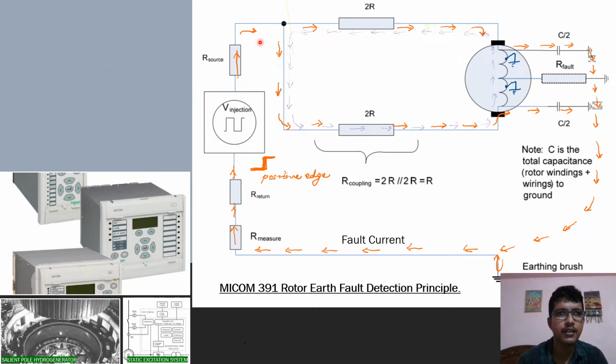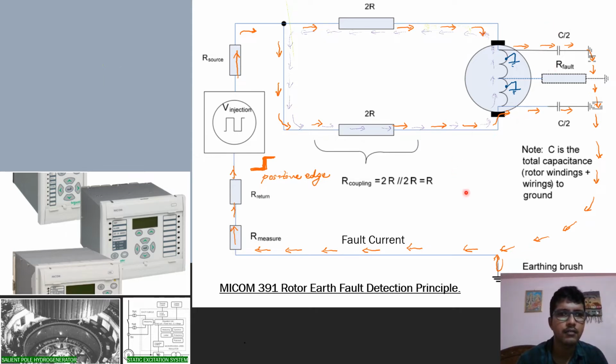Using Kirchhoff's voltage law, you can see that this 2R and 2R resistance will be added up in parallel, and this capacitance will be added up like this: C by 2 plus C by 2 equal to C. Very simple, just apply KVL, you'll get to know.